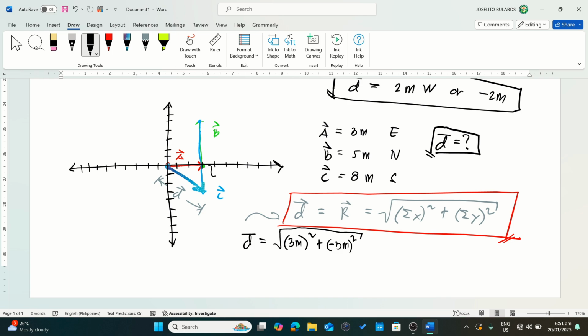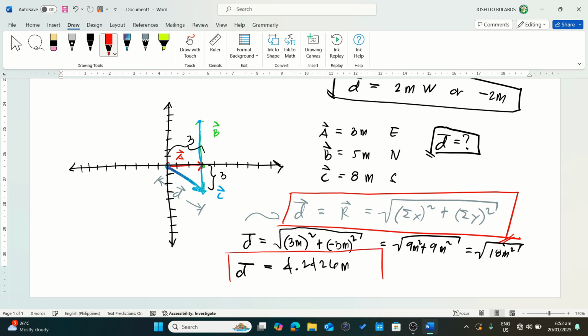So this is 3, this is also 3. So we end up with 9 m plus 9 m, 18 m squared, and therefore our displacement must be 4.2426 meters. This is the magnitude of the displacement.